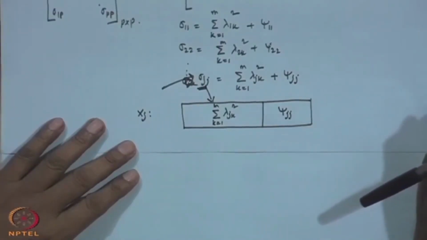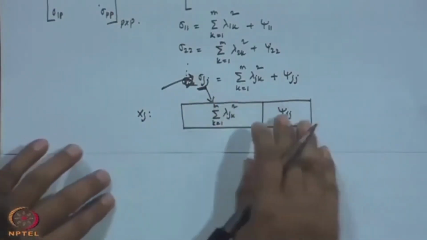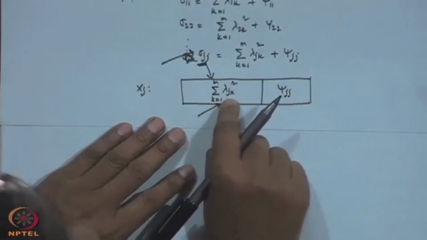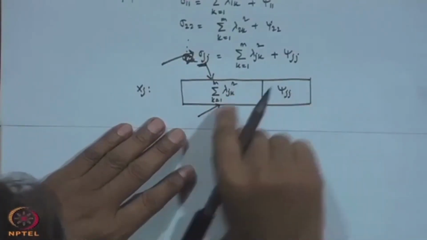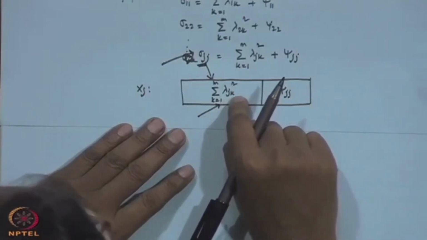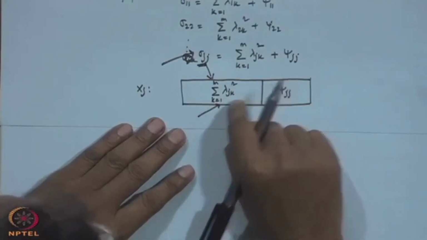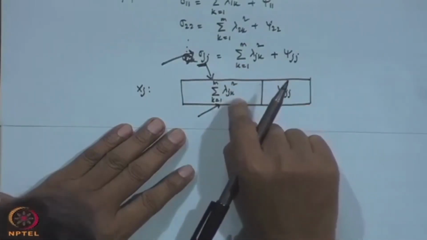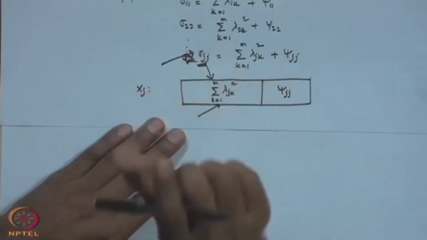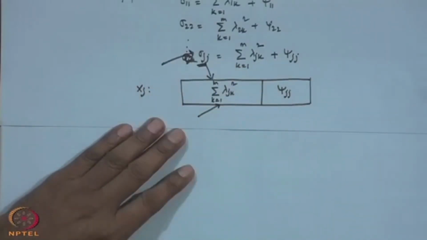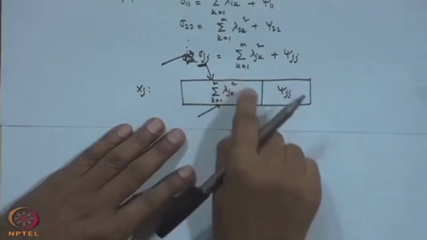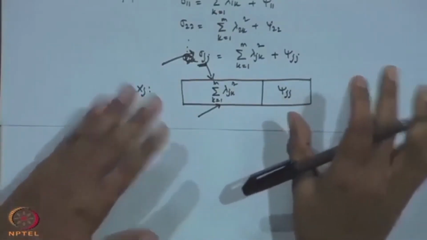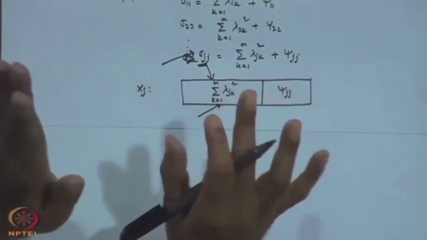Correct. This one is what? You are extracting m factors, so it is lambda j1 square plus lambda j2 square plus lambda j3 square, and so on up to lambda jm square. This is the contribution by the m common factors, and this psi jj is something not contributed by the common factors.